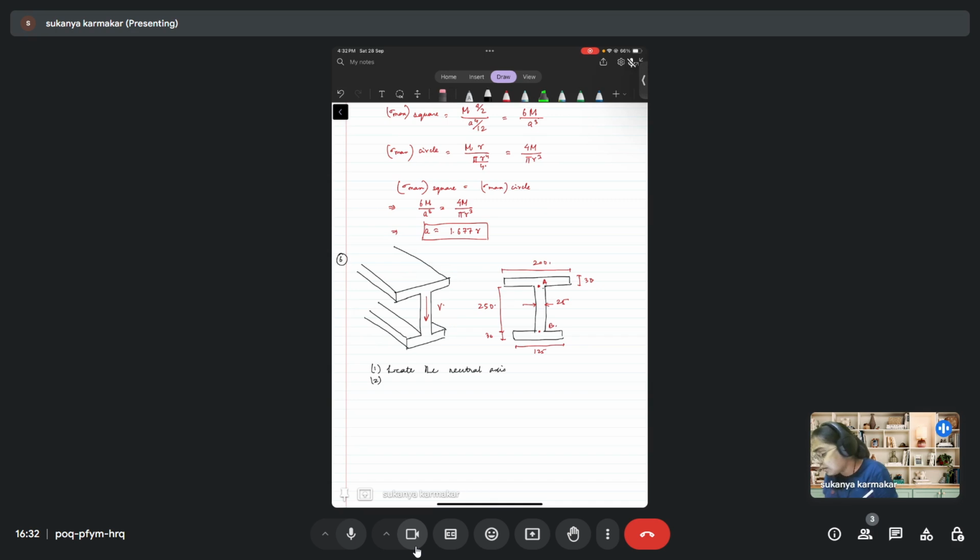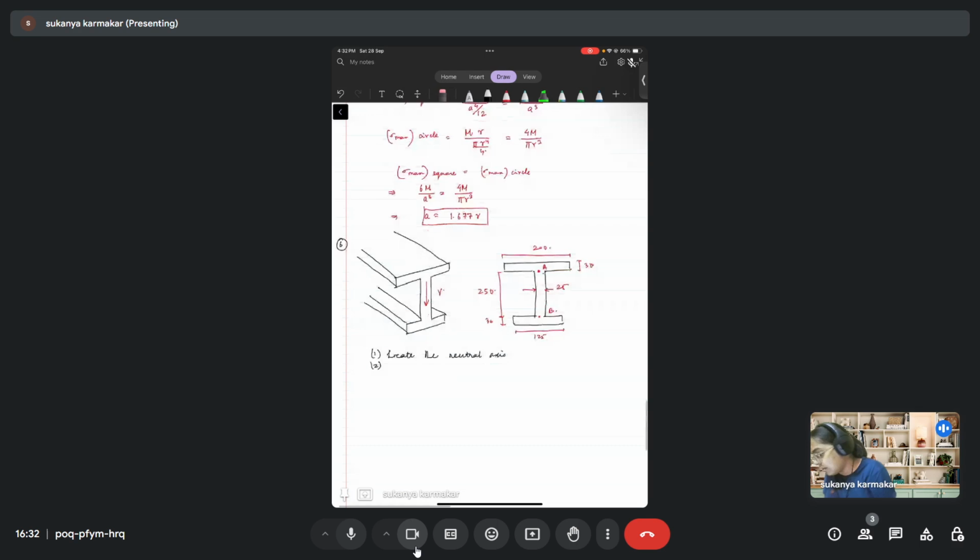Then you have to determine the moment of inertia of the beam cross section about its neutral axis.